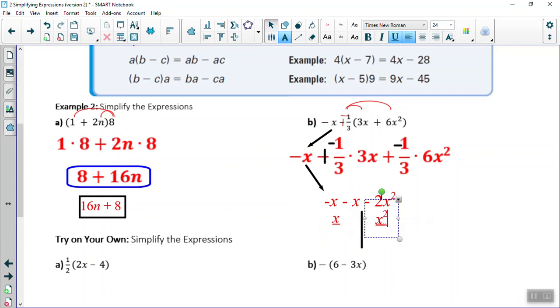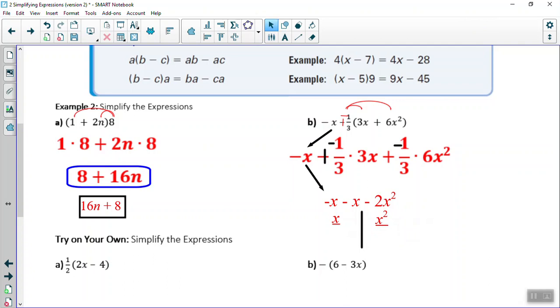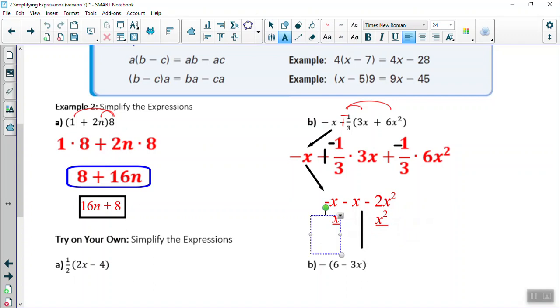All right, so those are the two different terms that I have. So in this one here, I've got a negative x and a negative x. So I'm going to put each of those in. So under this one, I've got negative x and negative x. And then over here, I've got negative 2x squared.